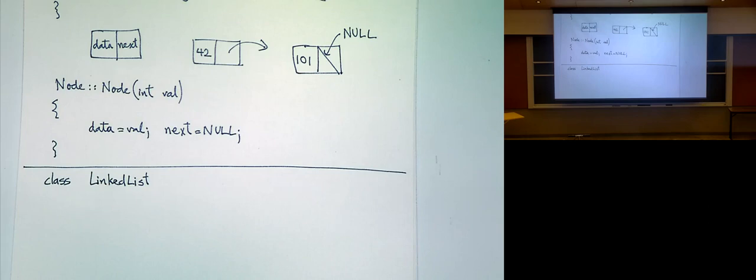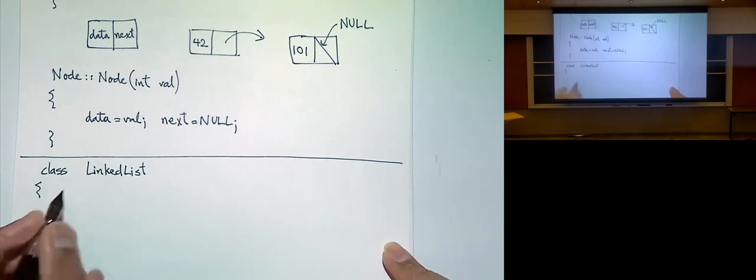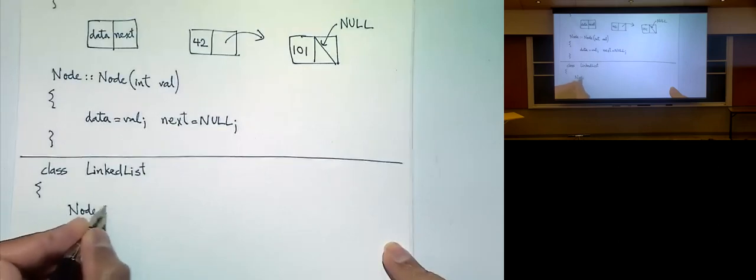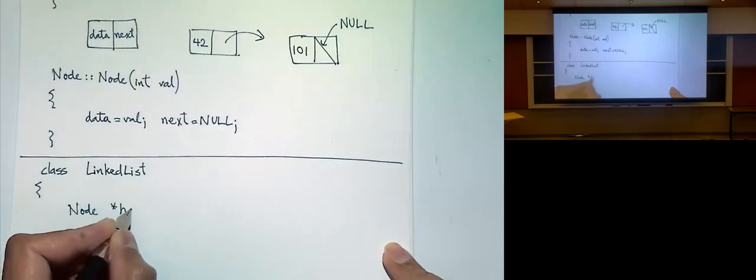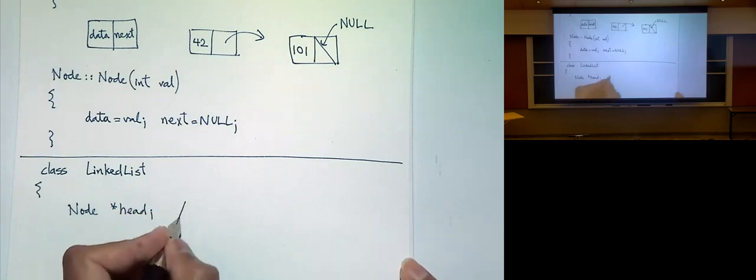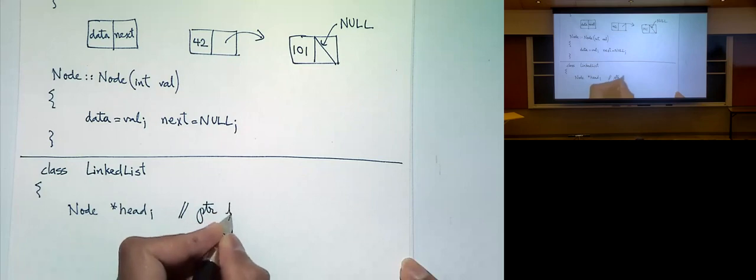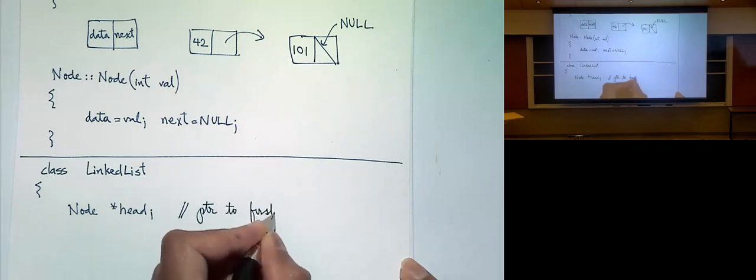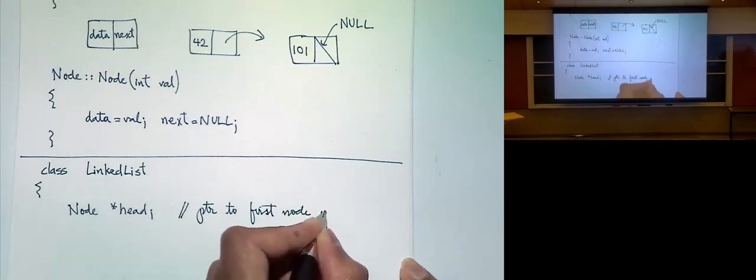All the code that I've written here and more is there. There's really just one field that it has, which is a pointer to the head. And this is the pointer to the first node of the list.